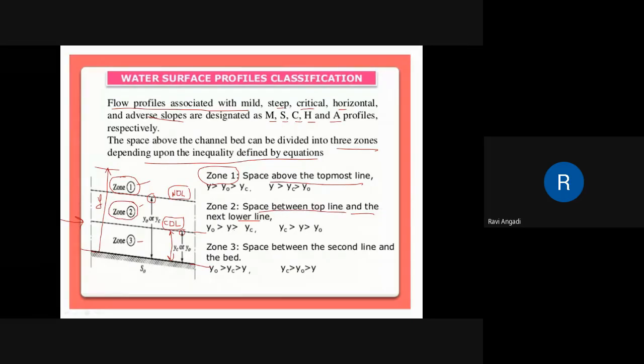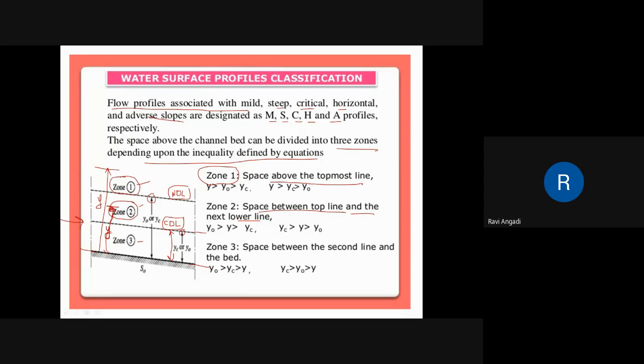For zone 2, what is the condition? Suppose the depth of flow is here. I hope you all can see what I am writing here. Now my depth of flow is here.